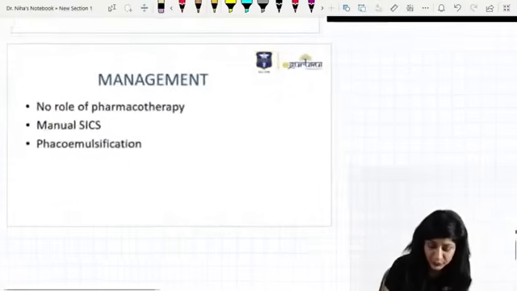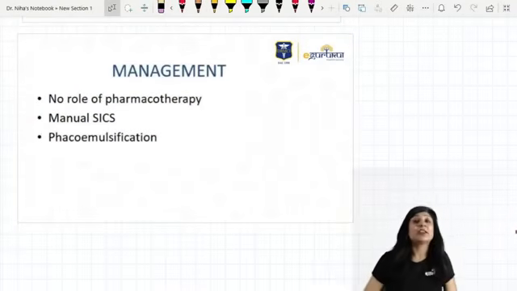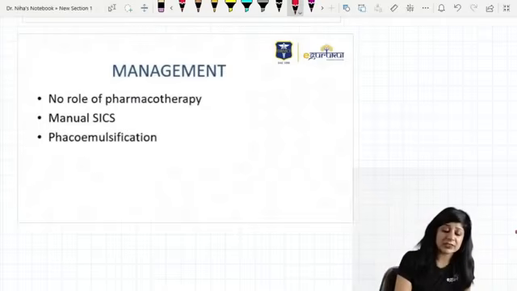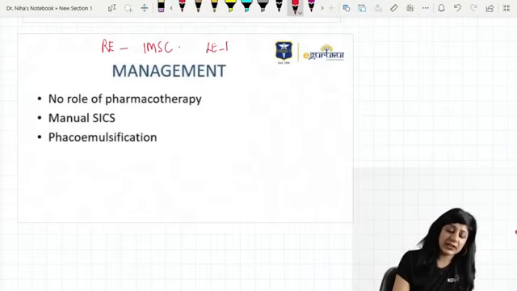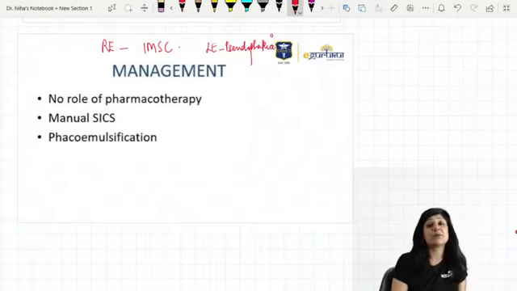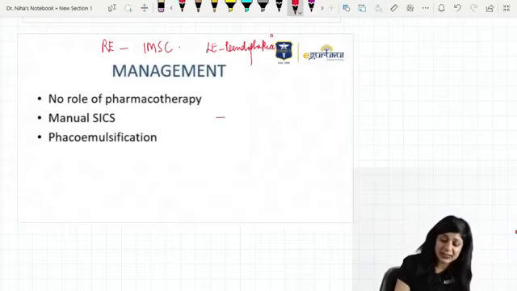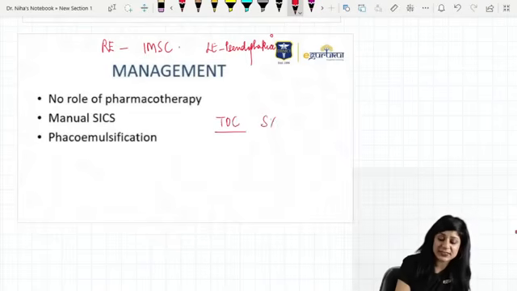Alright. So finally we come to the management. Once a diagnosis is made that my patient is having the right eye immature senile cataract, and in the left eye she has already had surgery, so she was having the pseudophakia. We know that still now we are not having any medical treatment available, so the treatment of choice is actually surgery.